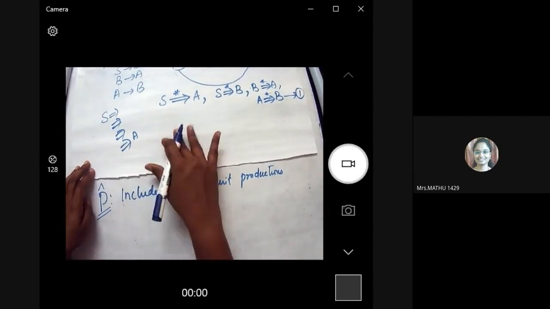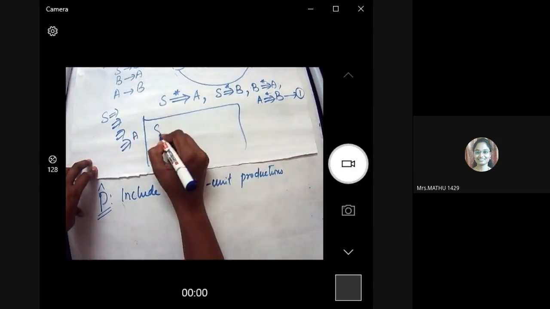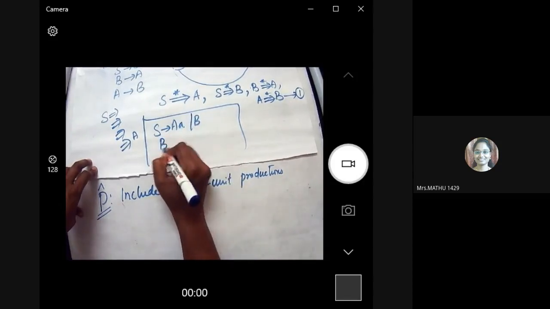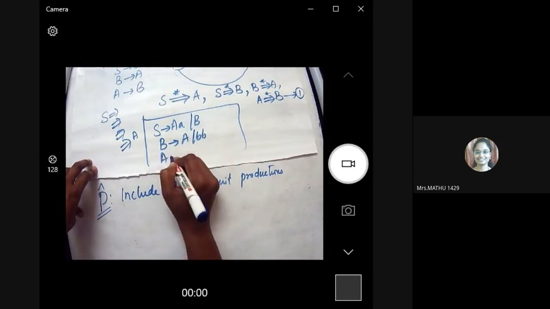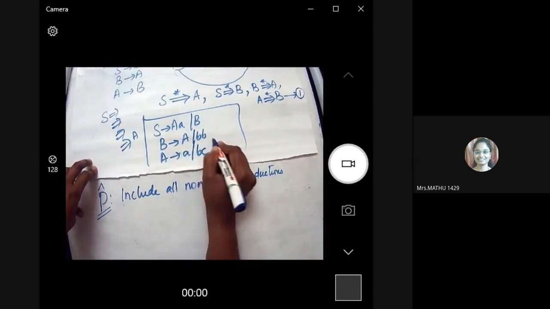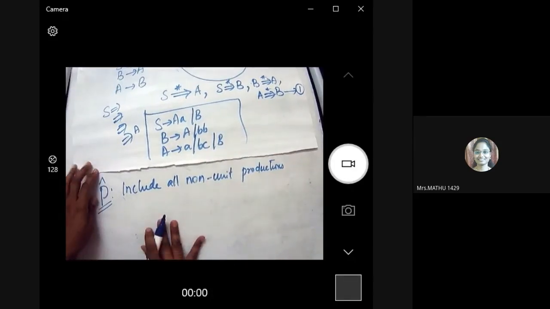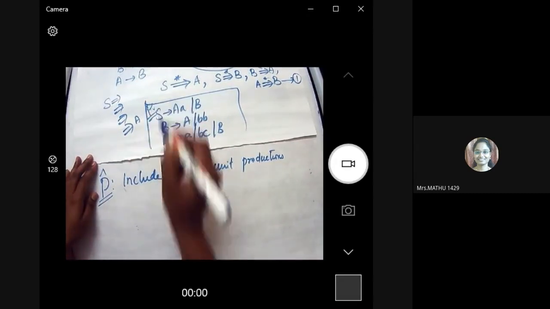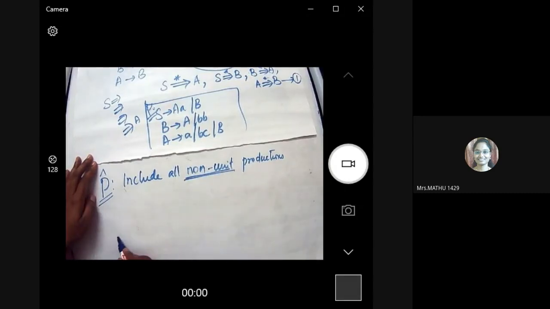So let me write the problem once again here so that you will be able to see it: S gives AA or B, and B gives A or small b, BB, and A gives A or BC or B. Okay, so this is the actual set of productions. From this, only the non-unit productions we are first including in the new grammar productions.